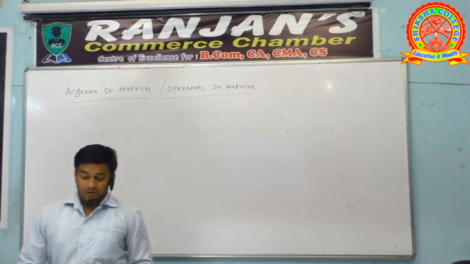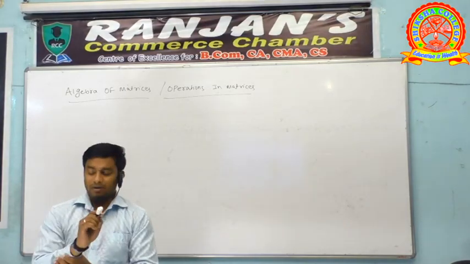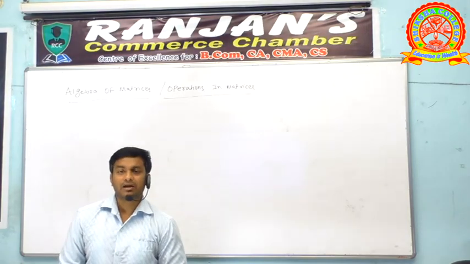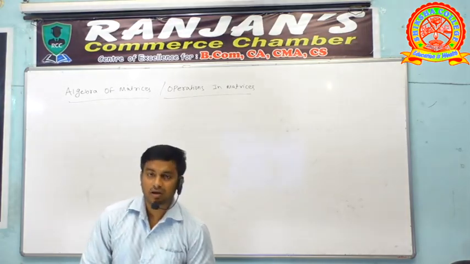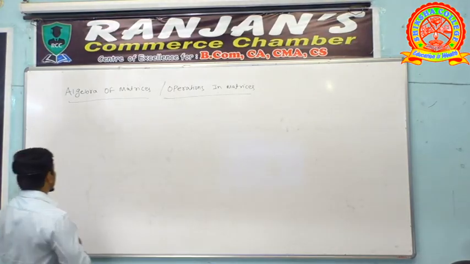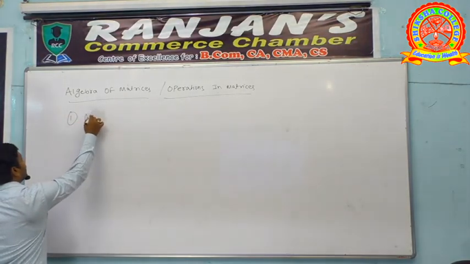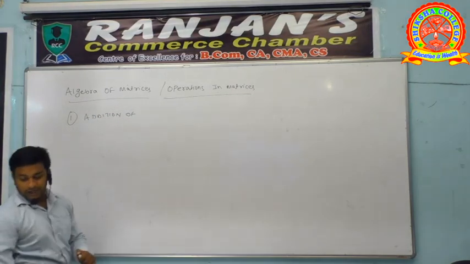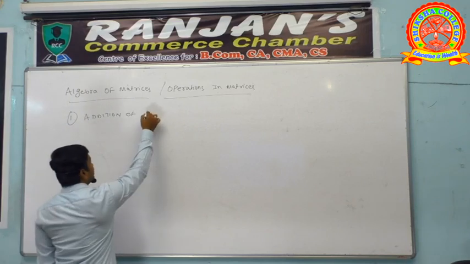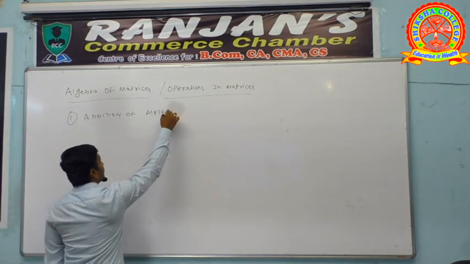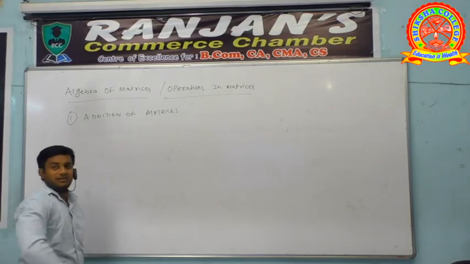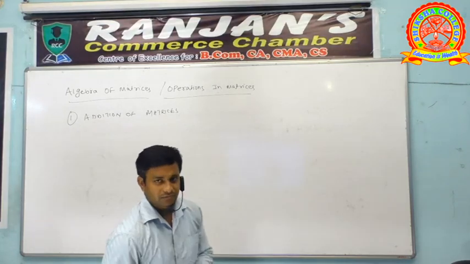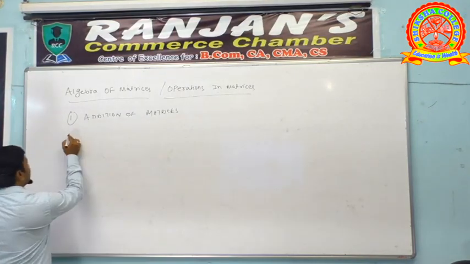Okay, so in the algebra of matrices we have two algebraic operations that are done with the matrix. Number 1, addition, that we call addition of matrices. What is matrix and matrices, students? Don't get confused. Matrix is singular, matrices is the plural form. So addition of matrices.